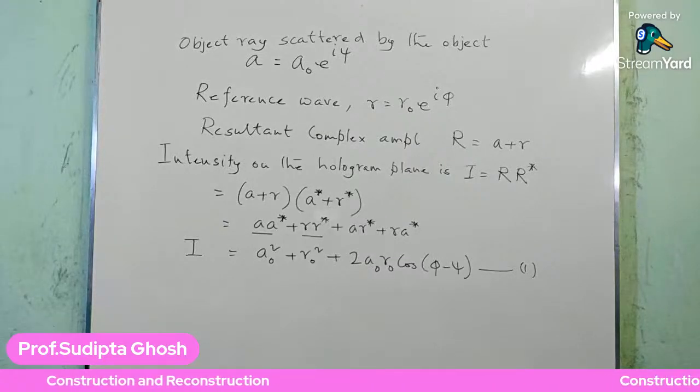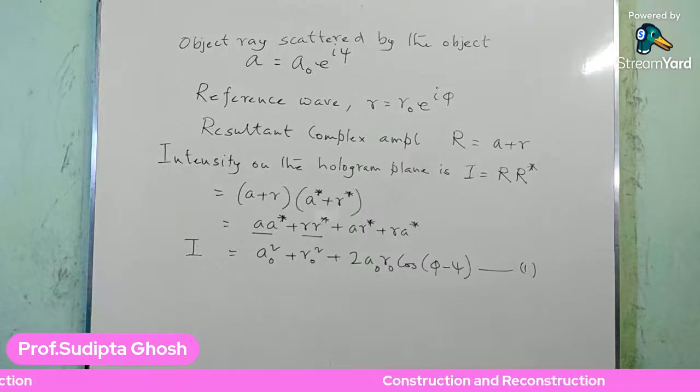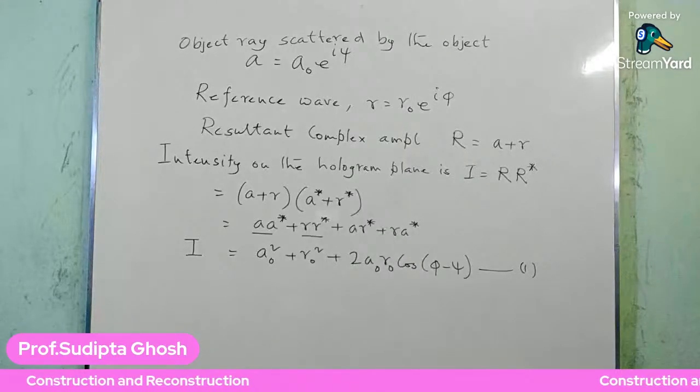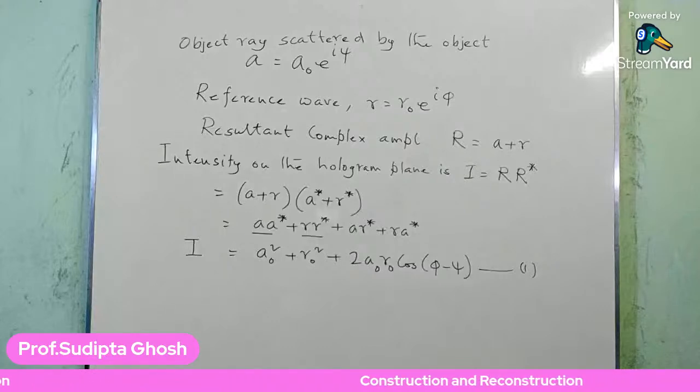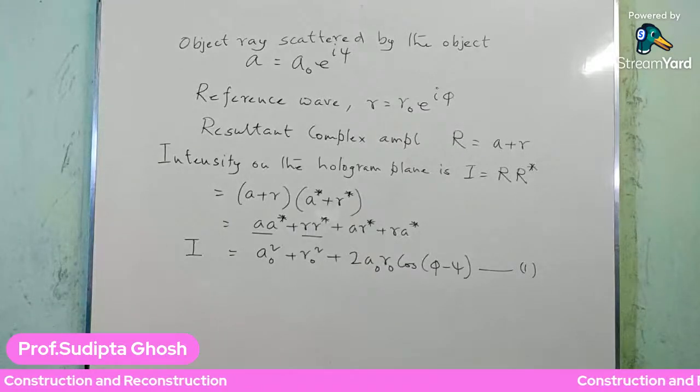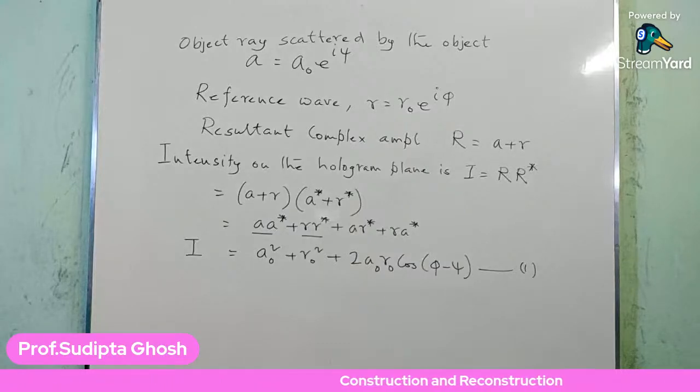The original reference beam is used to illuminate the hologram. So the reference wave R equals R0 e to the power i phi is used to illuminate the hologram while reconstructing it.